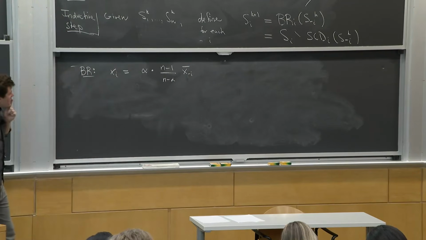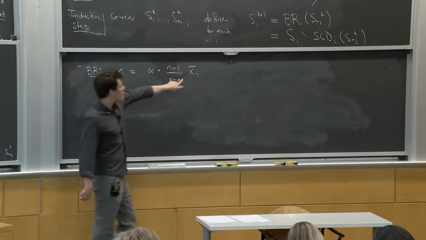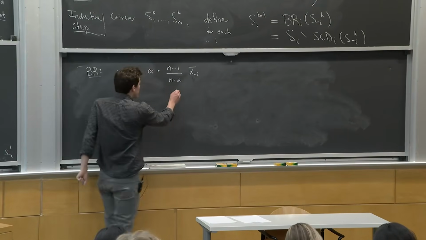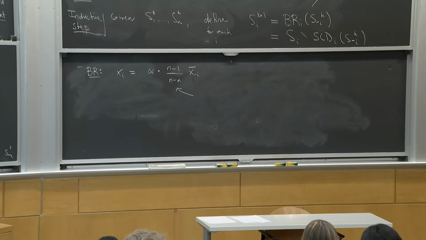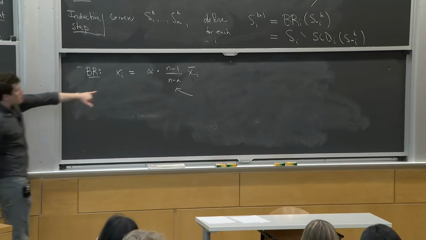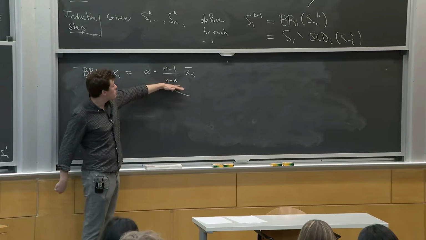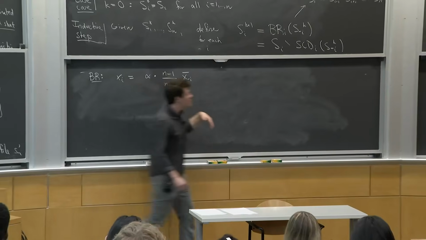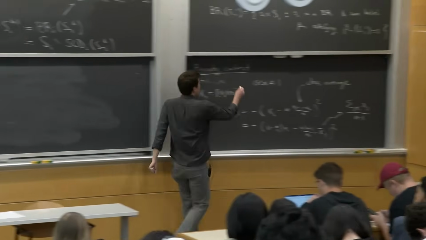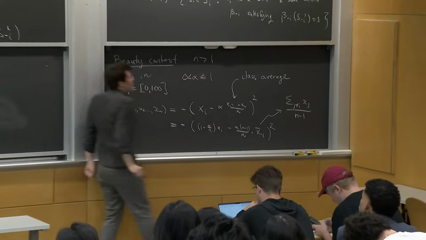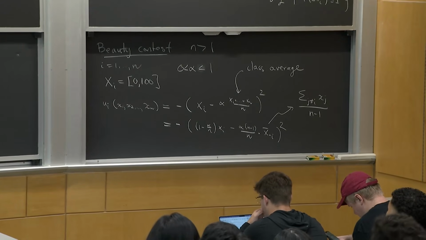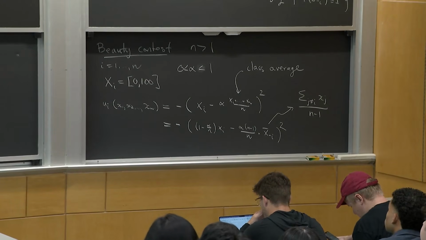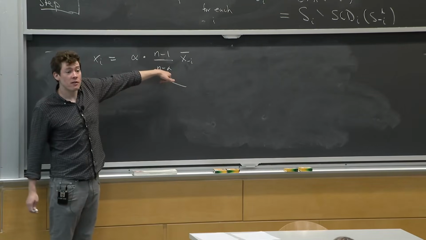Now, at first, you might have thought you would want to guess alpha times what everyone else guesses, but that's not what we get. Why do we get this messy term here? Well, first, let's look at this number. Is this number bigger than 1 or less than 1? Let's assume n is greater than 1, otherwise this is not a very interesting game. This is less than 1, because I'm subtracting 1 on the top, and I'm subtracting something smaller on the bottom.